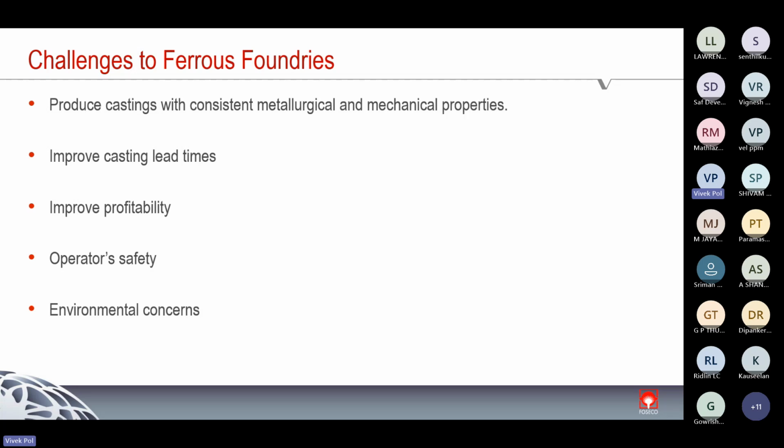Then, emerging even in Indian foundries, there is now much concern about operator safety, and they are facing challenges to provide a safe work environment to the workmen. Connected to this are environmental concerns. Now everybody is talking about carbon footprints and their impact on the environment, and that is another challenge that foundries are facing.